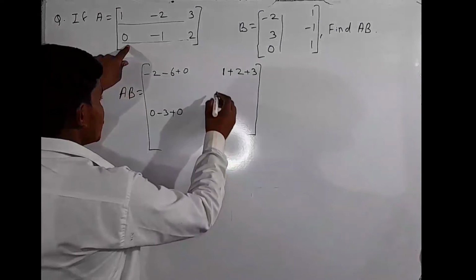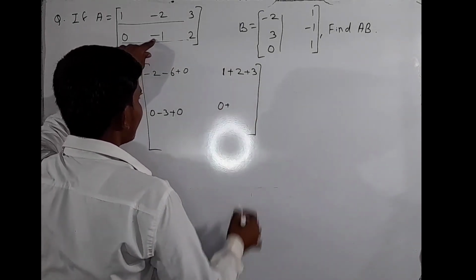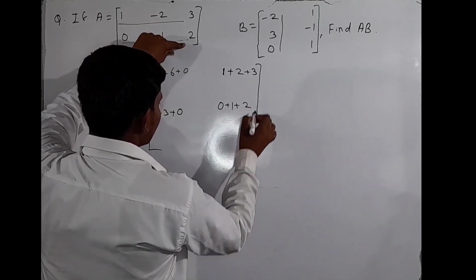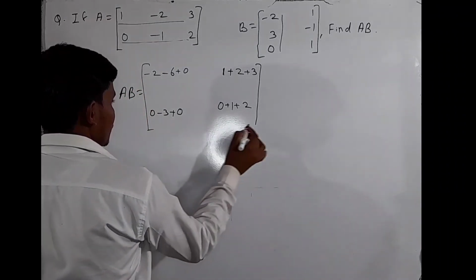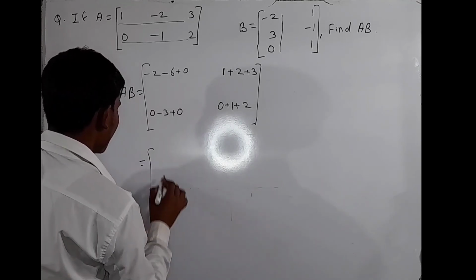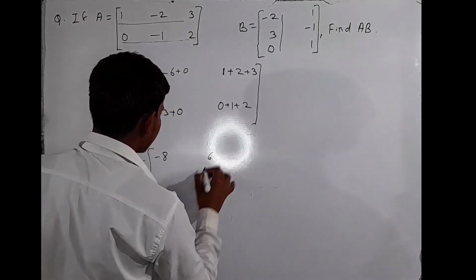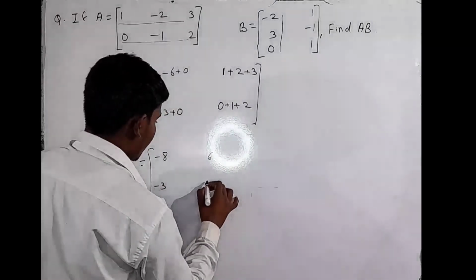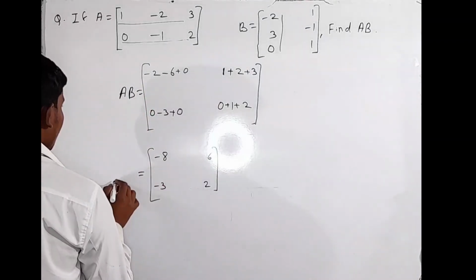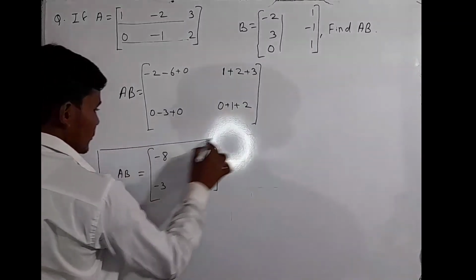Then next 0 into 1, that is 0, plus minus 1 into minus 1, that is 1, and 2 into 1, that is 2. Which equals, on addition, minus 8, then 6, then minus 3, and then 2, and hence this is our final answer for A into B.